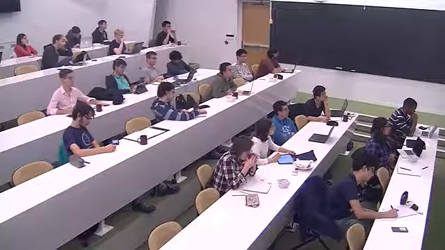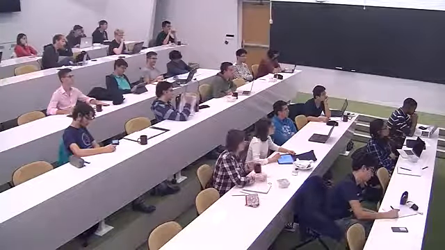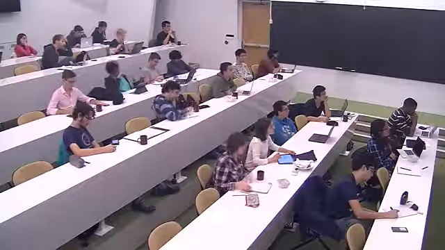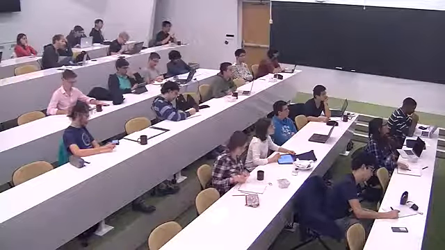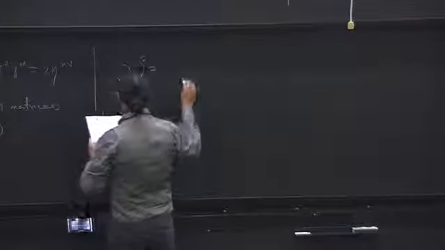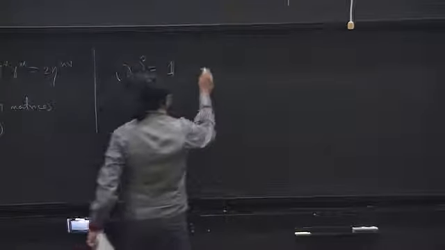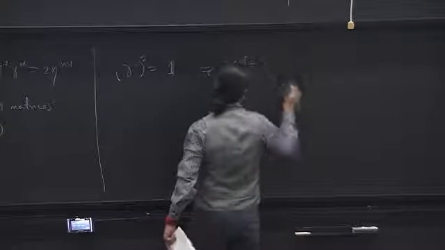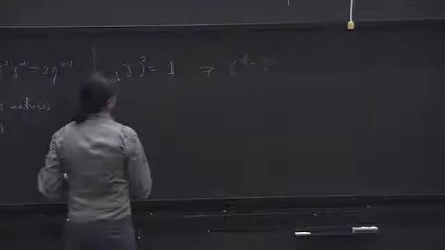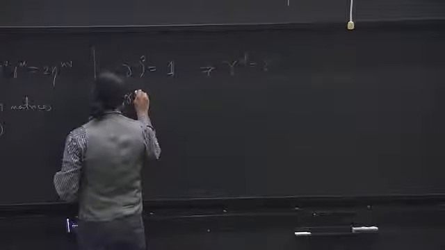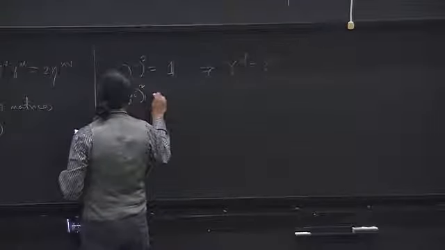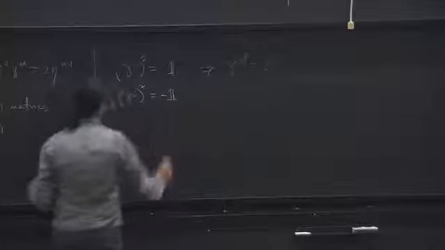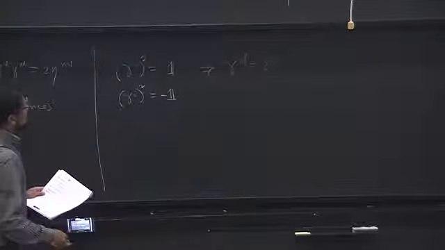Okay, so if we now look at the 0 component of the Dirac algebra, what it tells us is that the 0th component matrix squares to 1. So that implies that gamma 0 is Hermitian. But if you take the spatial components of the Dirac algebra, we get equal to -1.